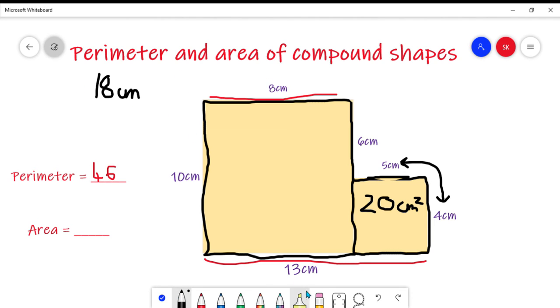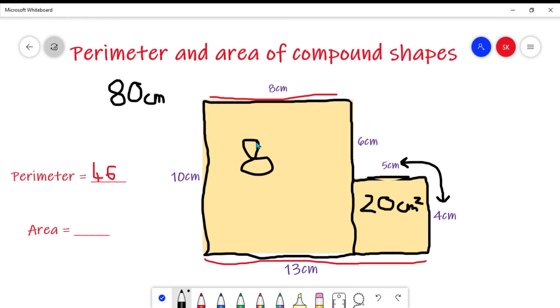Got my calculations a bit wrong there. To times it we get 80, not 18, if we add them together, but we have to times them. Thought we were adding them. 80 centimeters is our answer for shape 2.